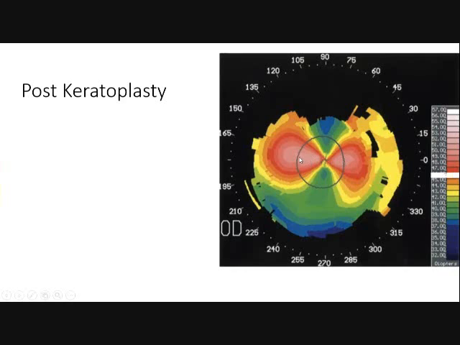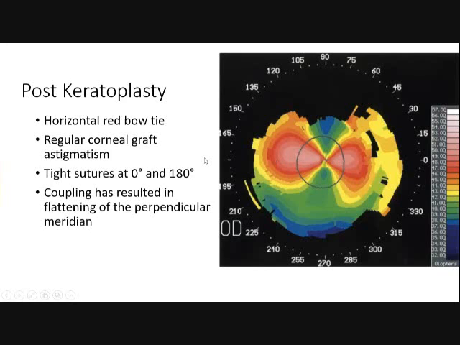So these are the warm colors, while the blue colors, which are present at 90 degrees and 270 degrees, have a cooler color. So it means the astigmatism is less at these points. So the warm colors are the points where the stitches are tight.